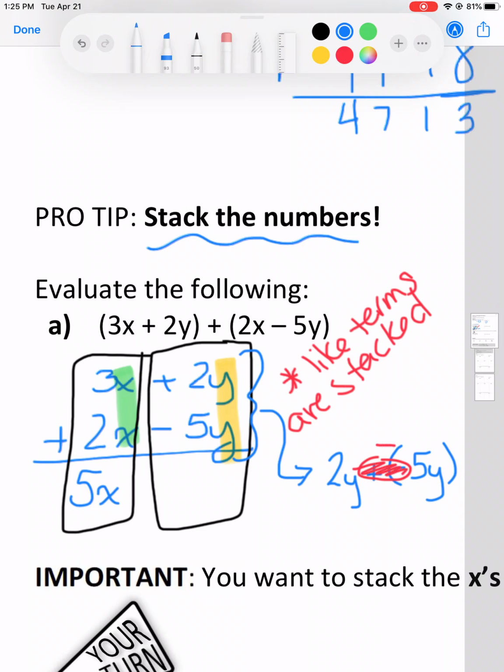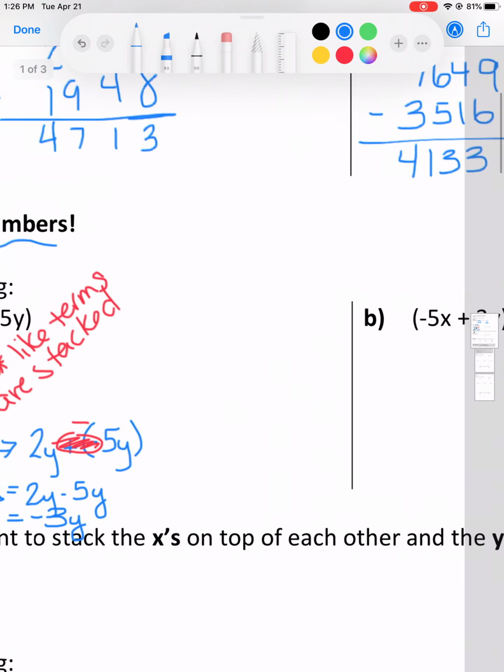So our new line should be 2y minus 5y. What's 2y minus 5y? If you do 2 minus 5, that's negative 3, so negative 3y. And that's my equation, 5x minus 3y. If you want to lay it out straight like I did here, that's perfectly okay so you can see your numbers better.